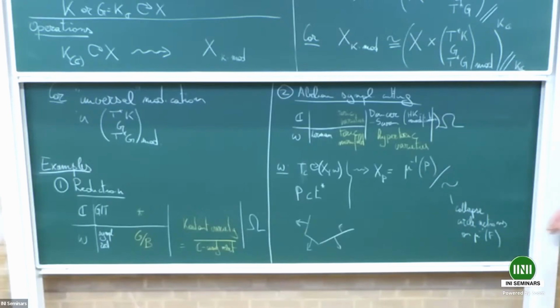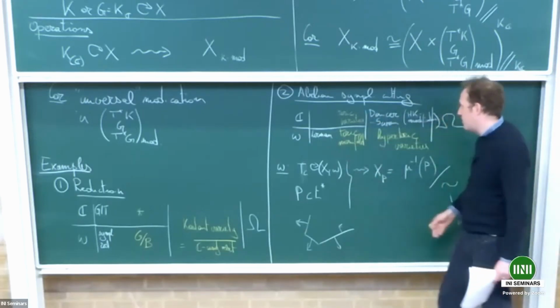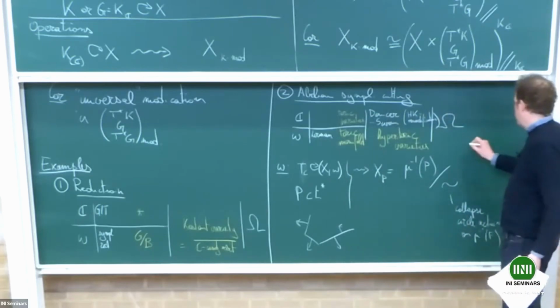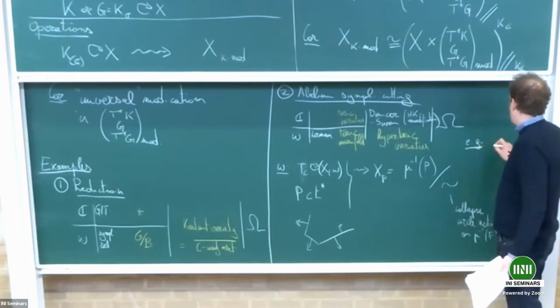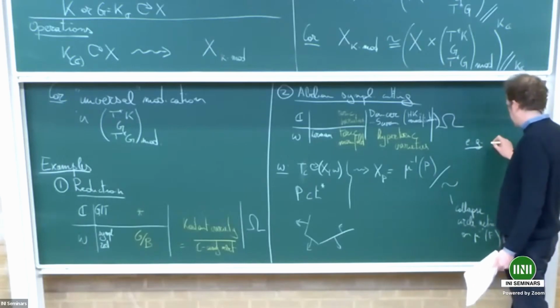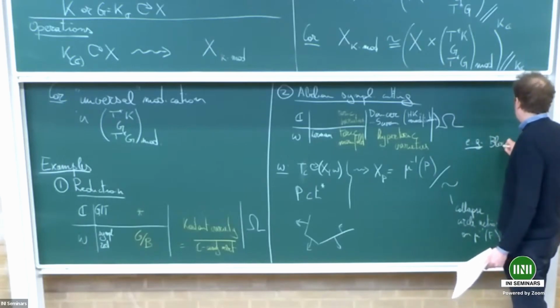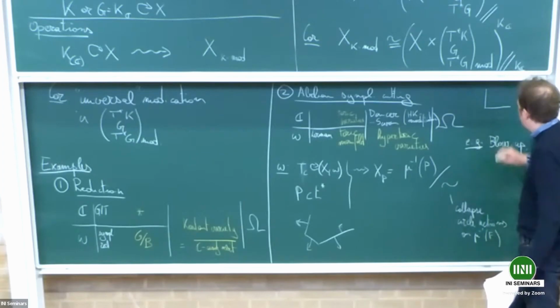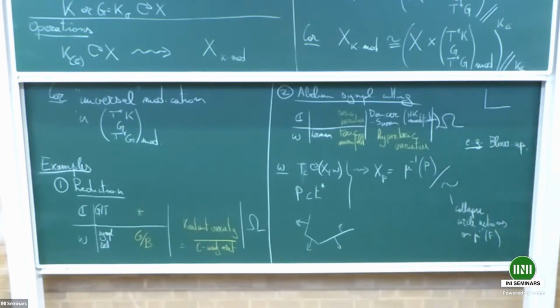And of course, people not familiar with this example. So examples of this operation in action are equivariant blowups. So for instance, if we start from affine space, the original moment map image was the first quadrant.